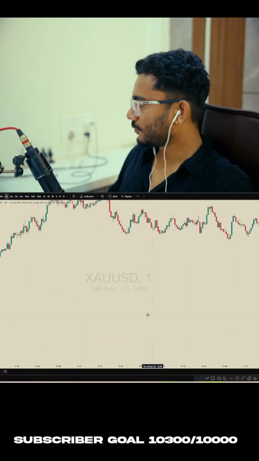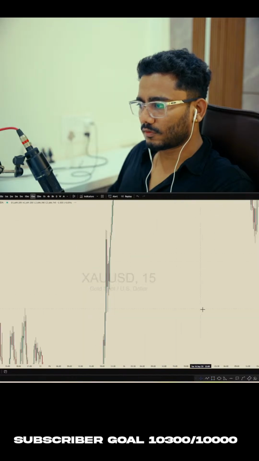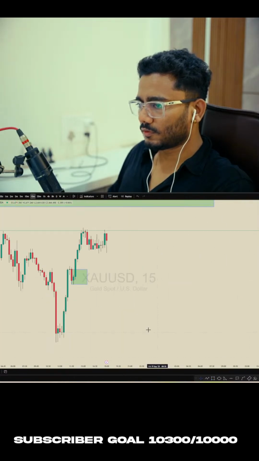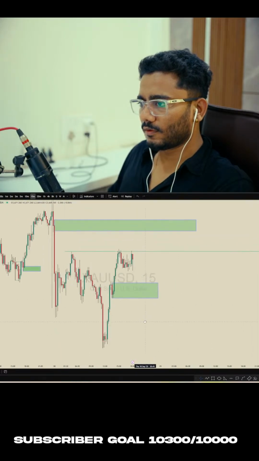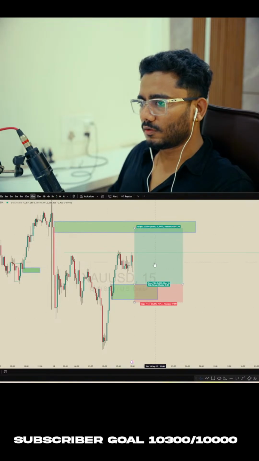from this entry. From this area, we can look for buy. It's 1:3. See.